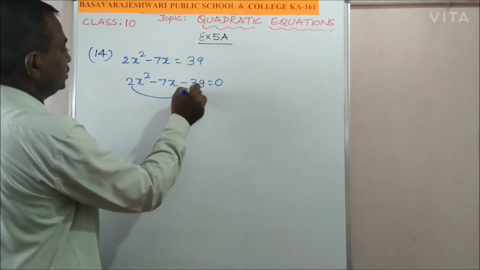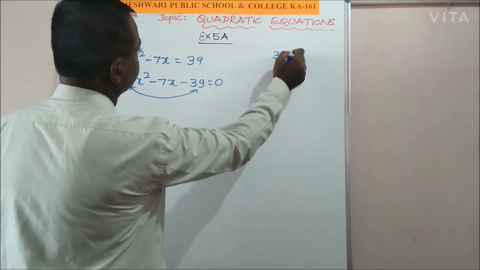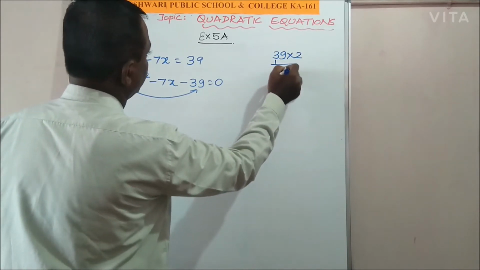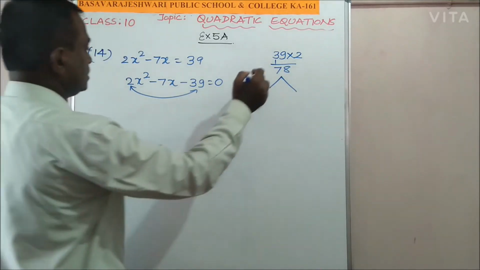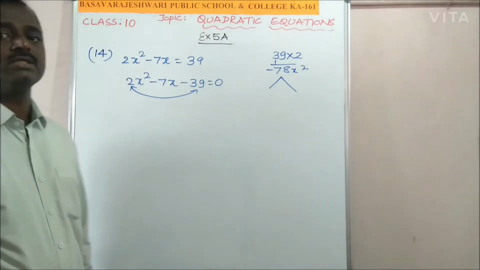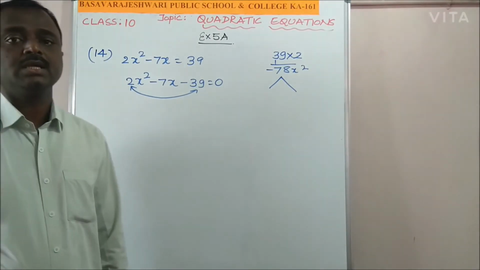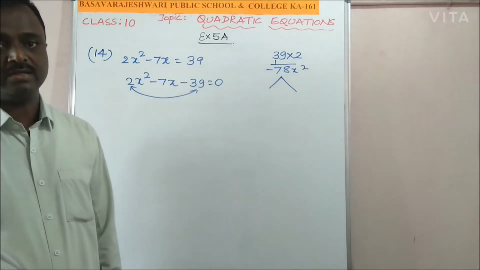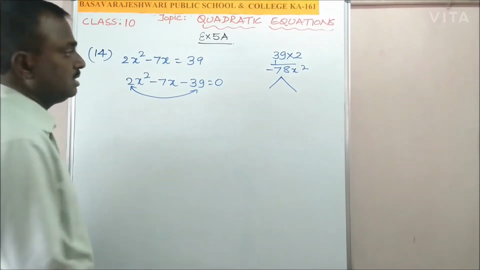So you have to multiply these two, 39 into 2, that is 78. So find the two numbers. This is minus 78x square. Find the two numbers such that the product of the two numbers should be equal to minus 78x square, and if you add or subtract, you should get minus 7x.